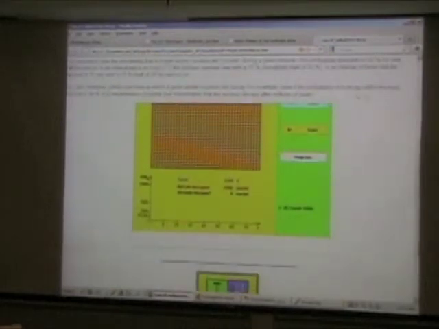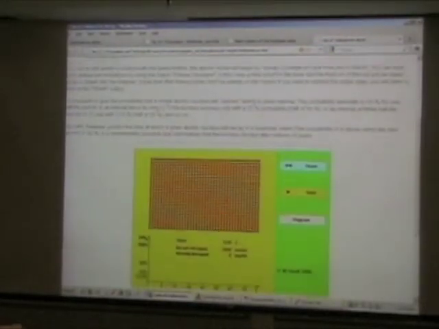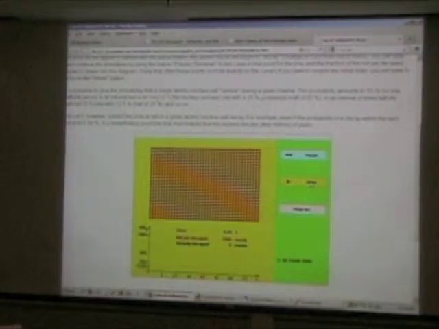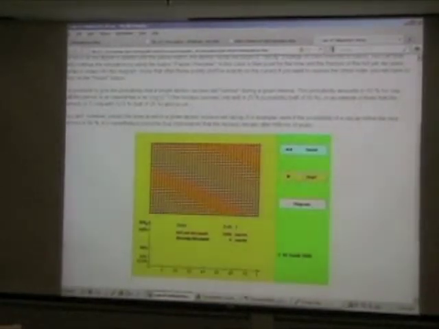So let's say we start from 100. You start from 100 radioactive elements.